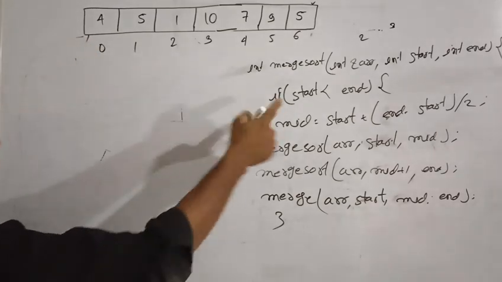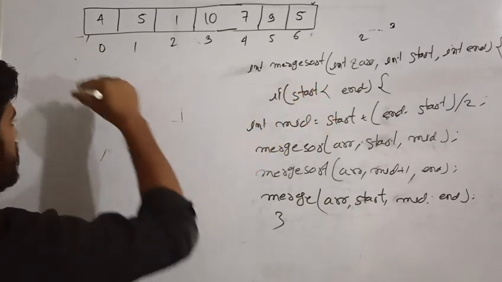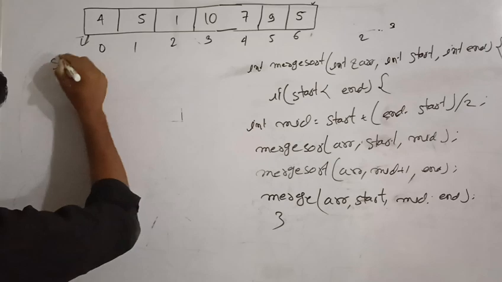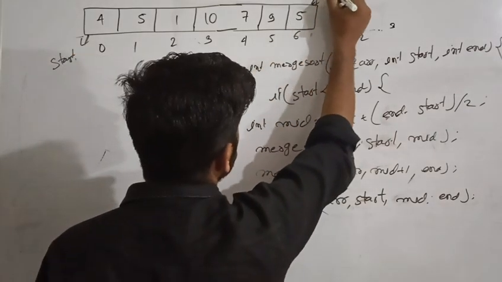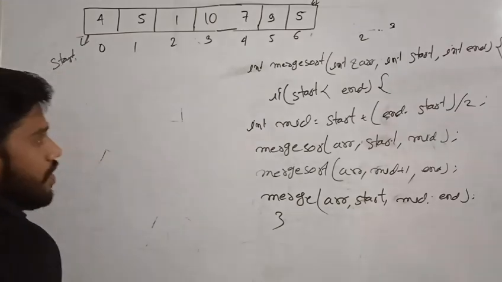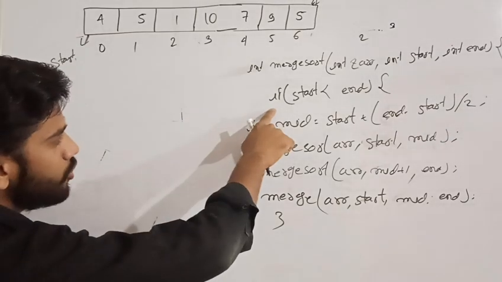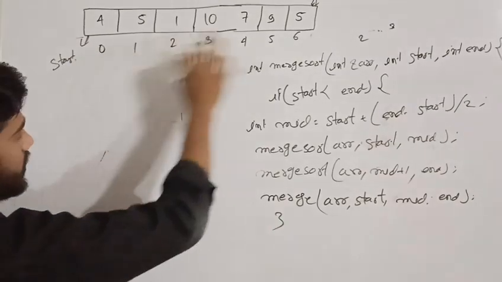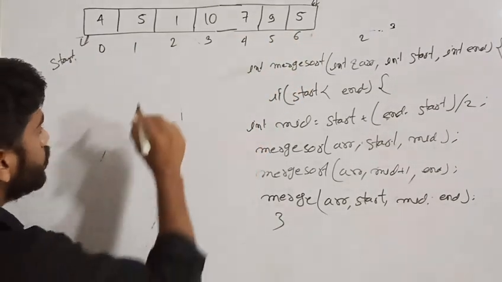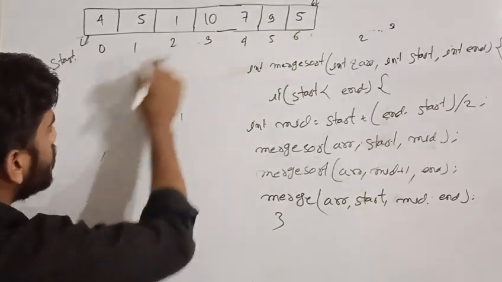First of all, we have this array and there is a start pointer and here is an end pointer. Now, first of all, the condition should be checked. Start is less than end. Yes, start is less than end. Then it will be divided into two parts.